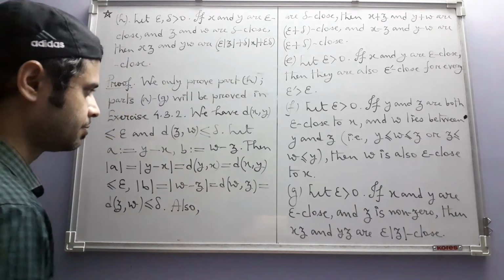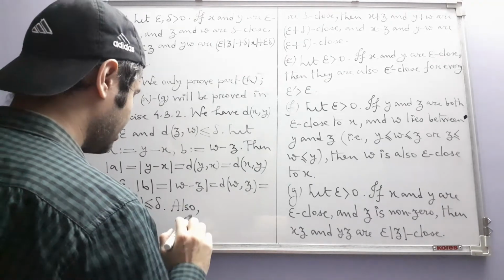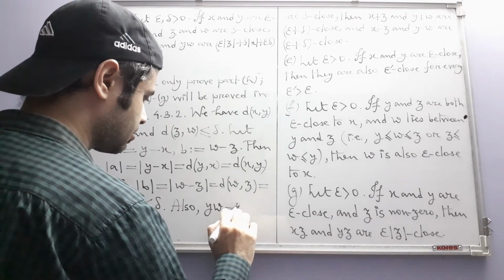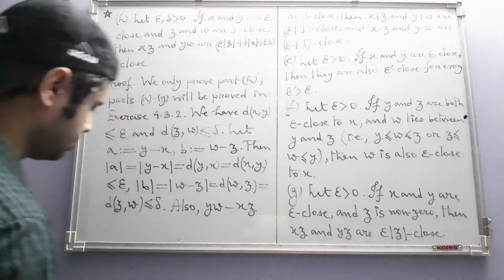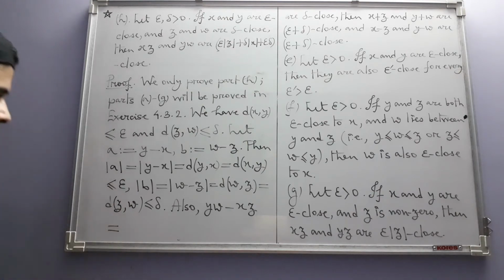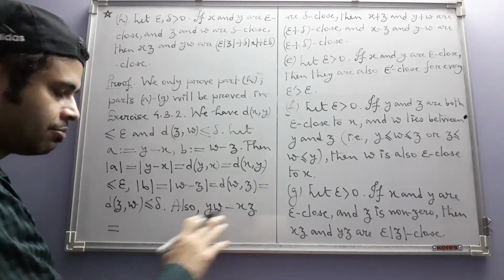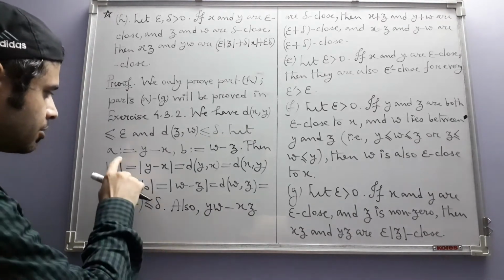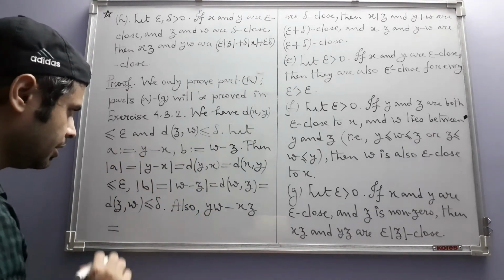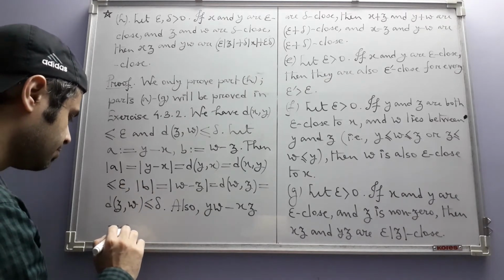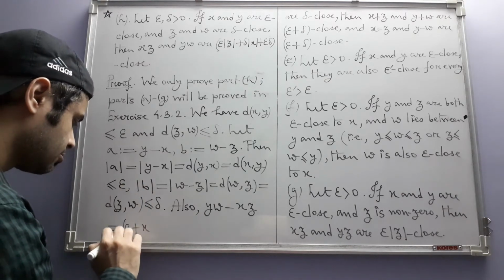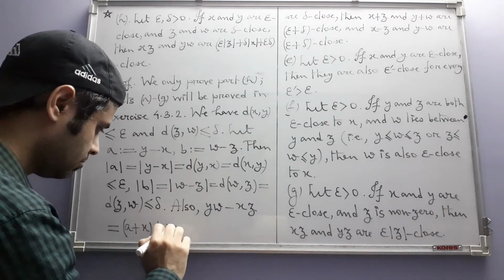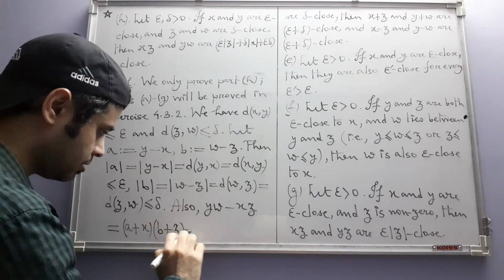Also, what happens if we calculate yw minus xz? By that I mean, can we find some expression for this difference? We can, because here we have two relations. So in place of y we can write a plus x, and in place of w we can write b plus z.